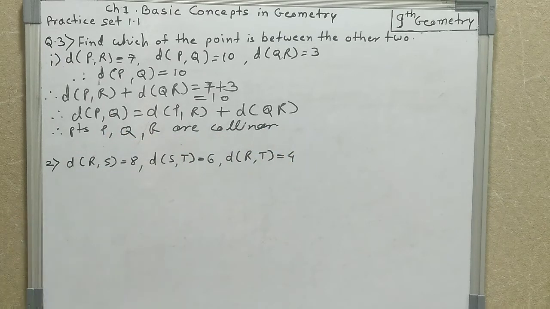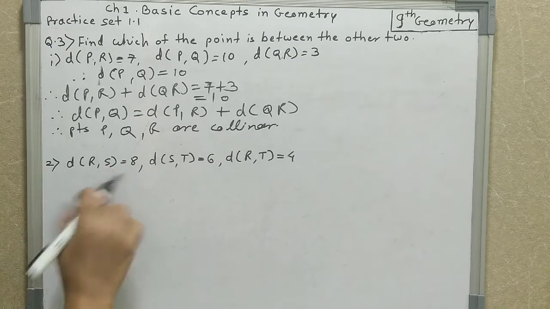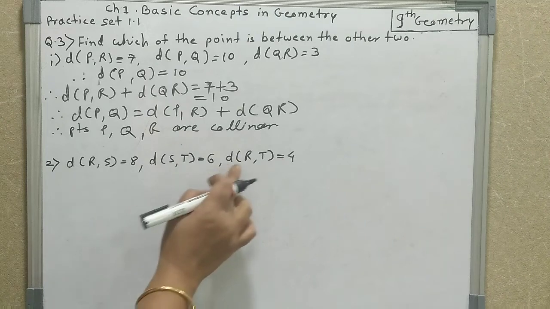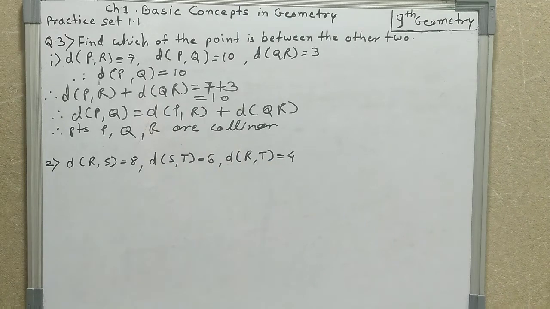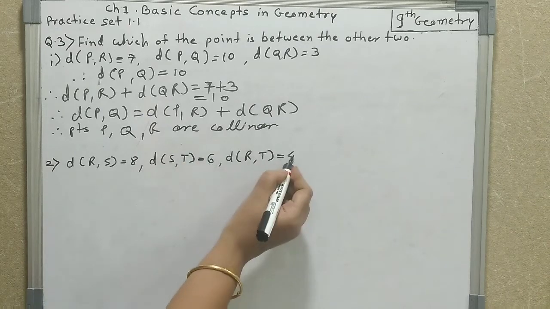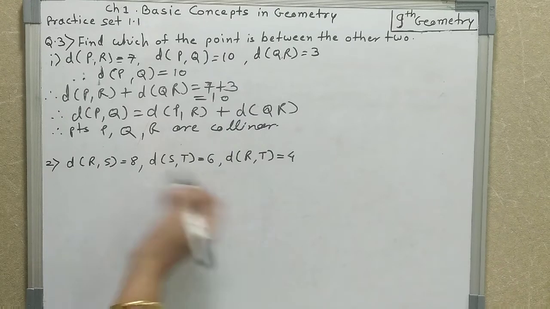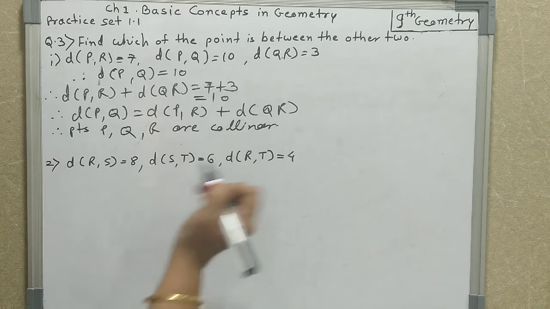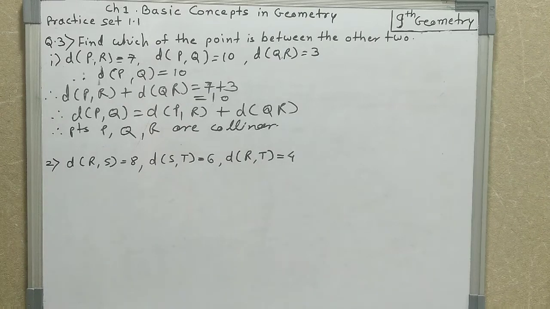Now see the second example. Distance RS is equal to 8, distance ST is equal to 6, and distance RT is equal to 4. See, in this example, the sum of any two numbers is not equal to the third one. 6 plus 4 is equal to 10. Here 8. Now 8 plus 6 is equal to 14. Here given 4. So these are not collinear points.